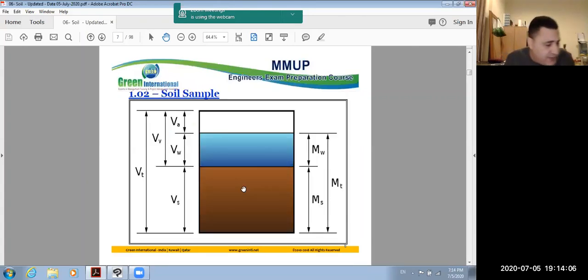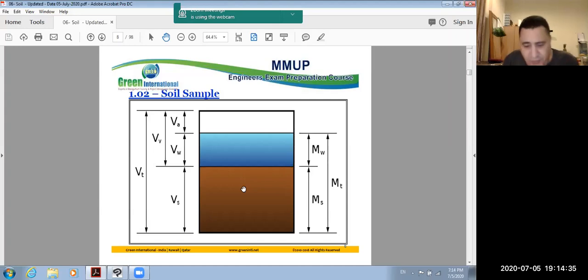A soil sample. We have this sample, the first class in our soil mechanics lectures in previous days. We take a soil sample. If you go to your geotechnical report for your project, you will always find how many samples were taken and the boreholes, maybe how many boreholes the samples were taken from.